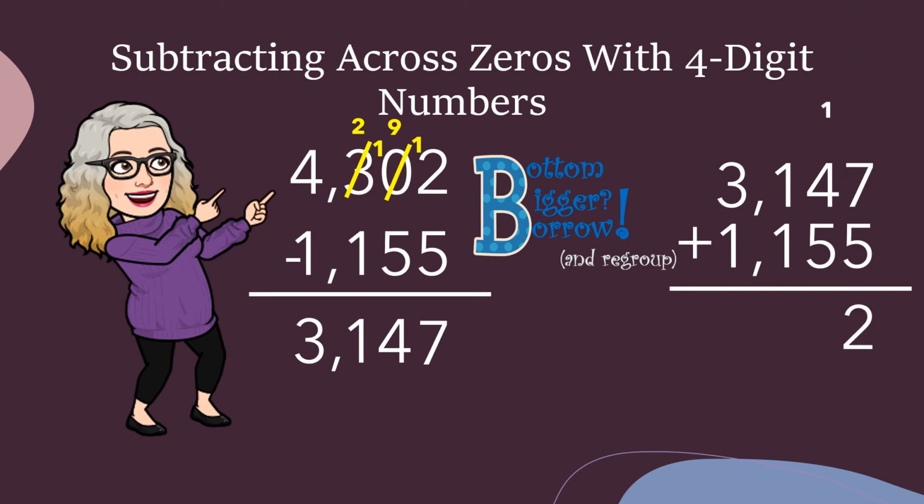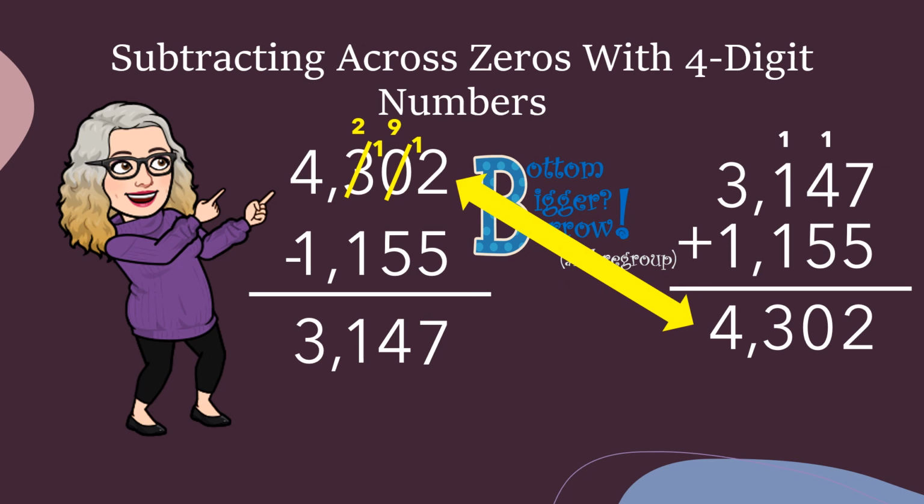Write my 2, carry my 1. 1 plus 4 plus 5 equals 10. Write my 0, carry my 1. 1 plus 1 plus 1 equals 3. And finally, 3 plus 1 equals 4. So 4,302 is the answer I wanted to get, and so I know that my work is correct.